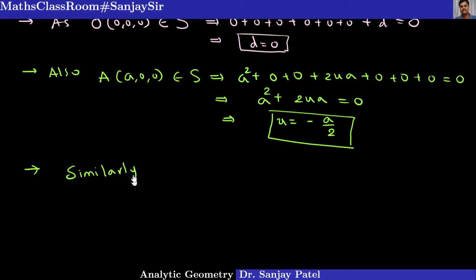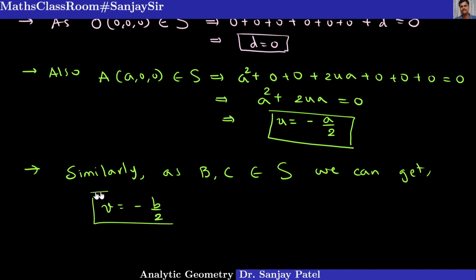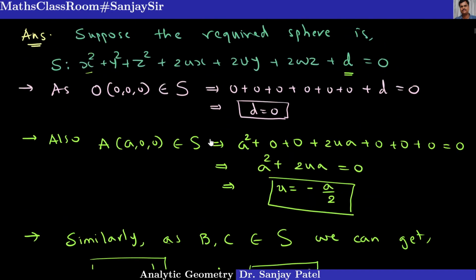Similarly, as b and c also belong to the sphere S, we can get the value of v is equal to minus b by 2, and the value of w is equal to minus c by 2. So you have obtained all the required constants in the equation of the sphere which you wanted to find.